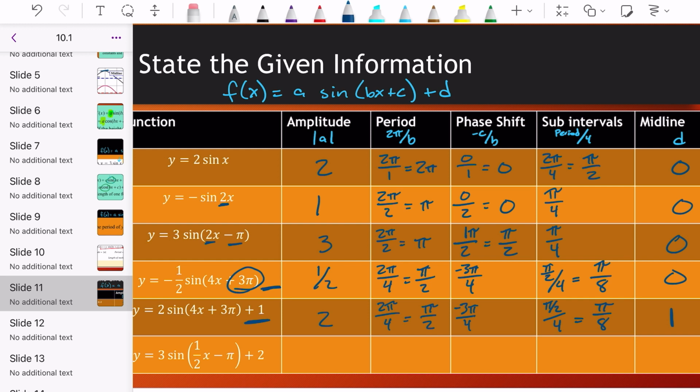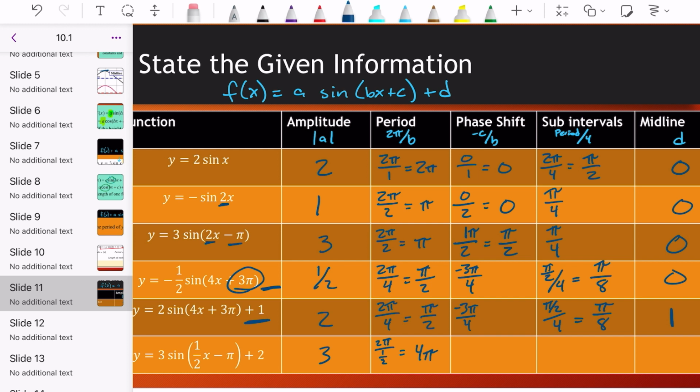Last problem, amplitude would be 3. Period is 2 pi over b, which is 1/2. In this case, this will end up being 4 pi. We go ahead to the phase shift, which is negative c over b.